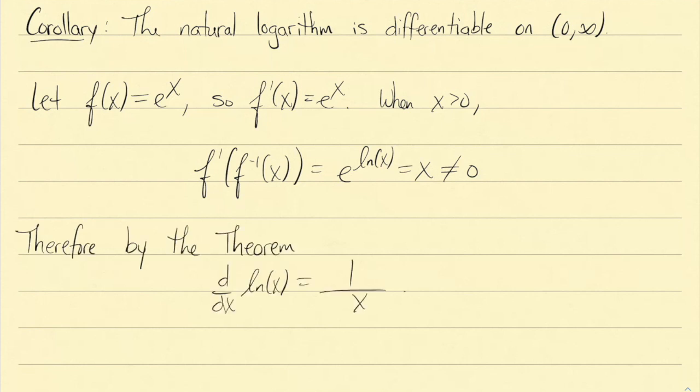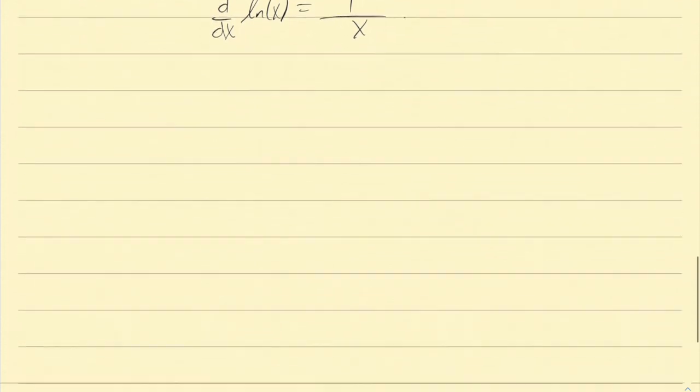By a similar trick to what we did to compute the derivatives for the arbitrary exponential functions, we can do a change of base from log base b to the natural log to compute the derivatives of the other logarithms.